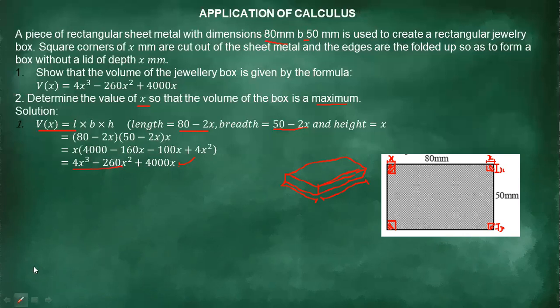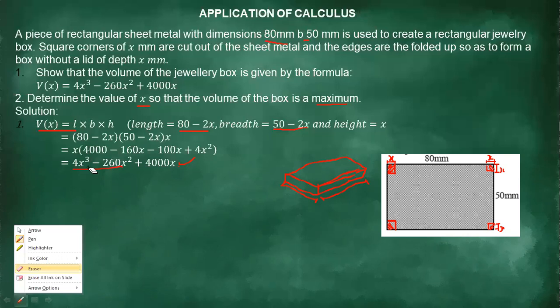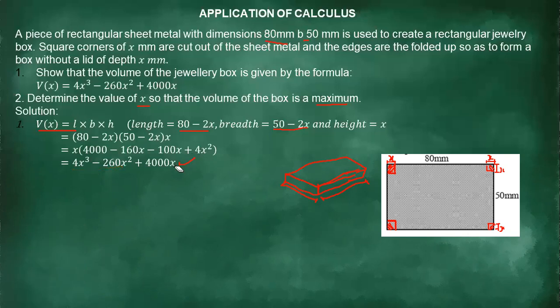Then we'll be deriving this one so that we can solve the value of x. We can see we have applied the rule of derivative there. This one gives us 12x squared, and this one gives us negative 520x plus 4000.